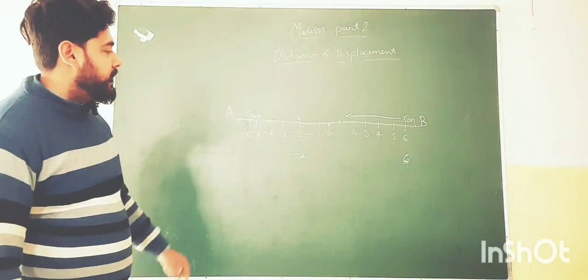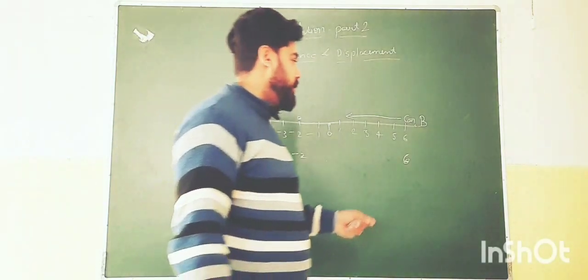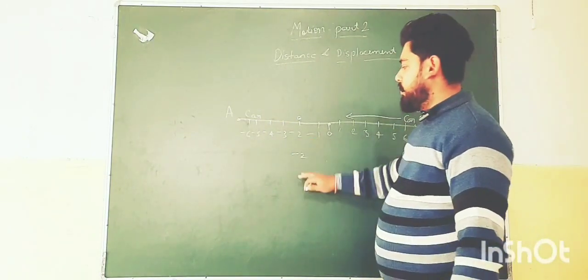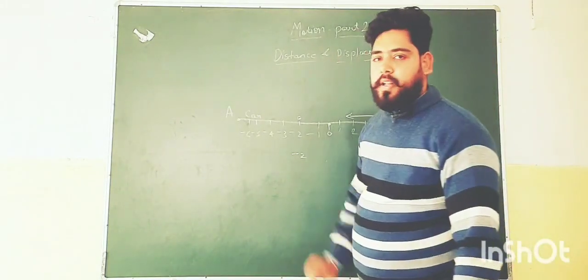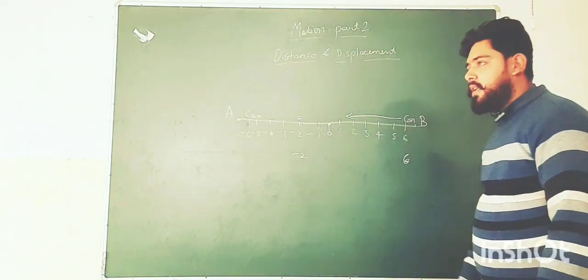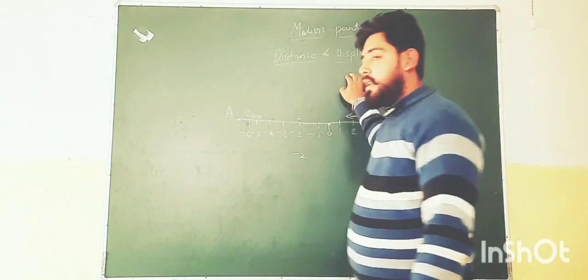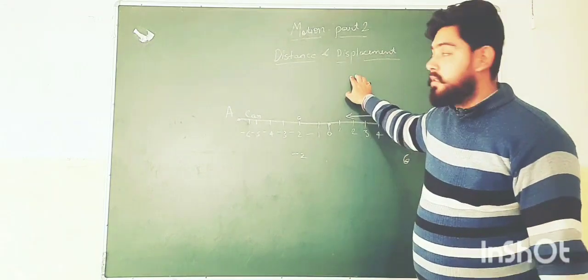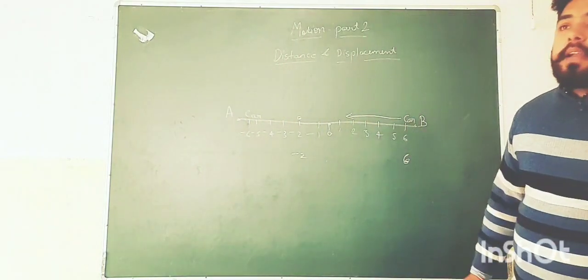If I ask how much distance the car has traveled, there is no direction. You know that distance is a directionless quantity. But in displacement, we have to check the direction also. Distance has only magnitude, but displacement has magnitude as well as direction. Magnitude means the length that it is traveling.